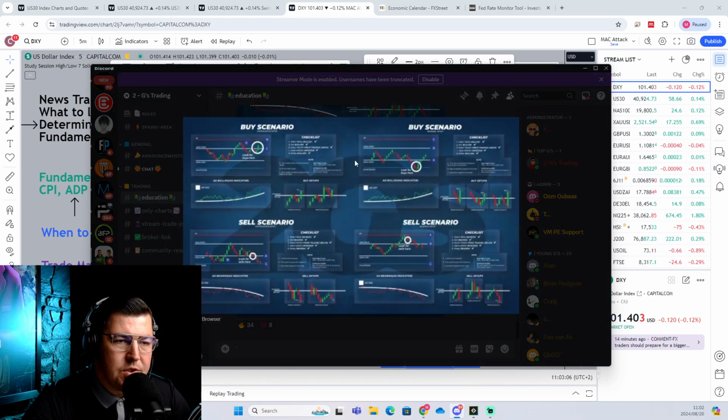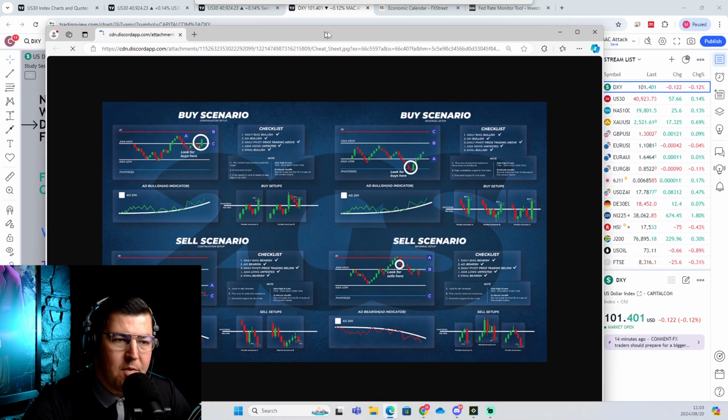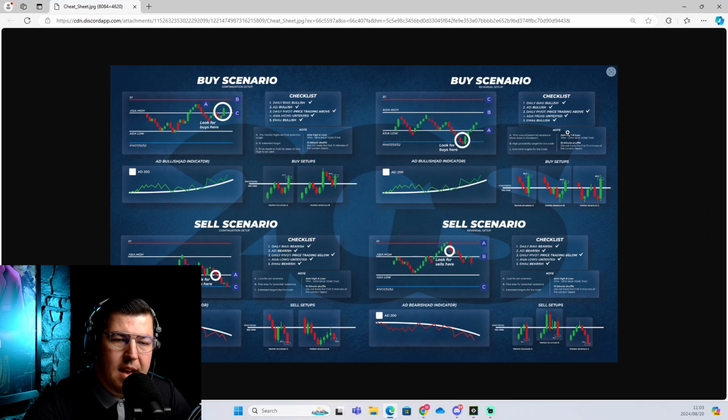But this little cheat sheet right here, this is what I use to determine my weekly and my daily bias. So you can go spend some time on this, go print this out for you. It's a resource that I prepared because for many years I was struggling with entry criteria, and I basically drew this up for myself.